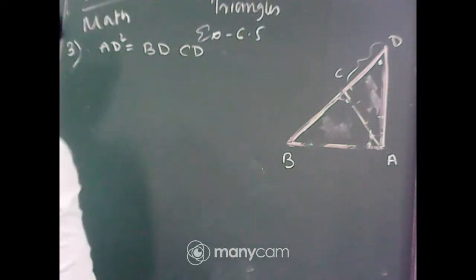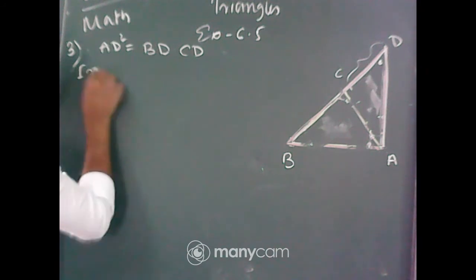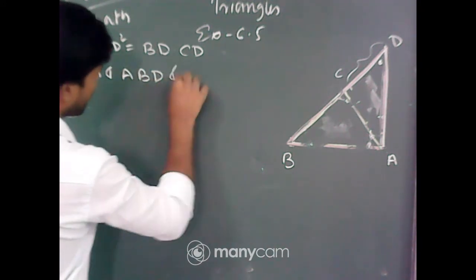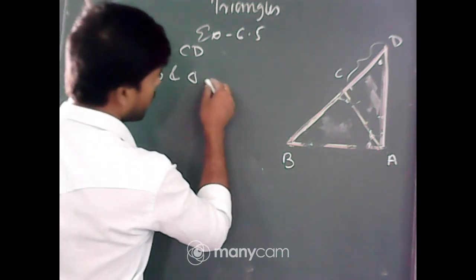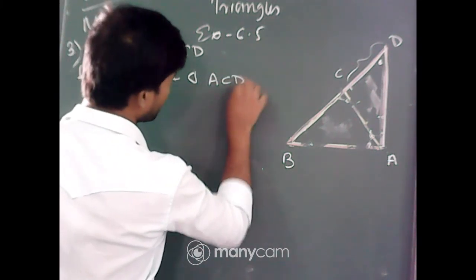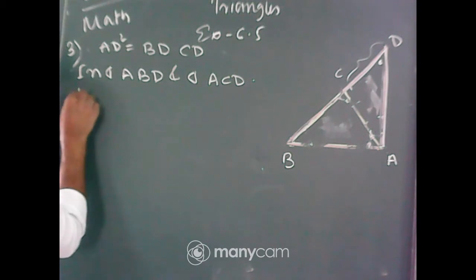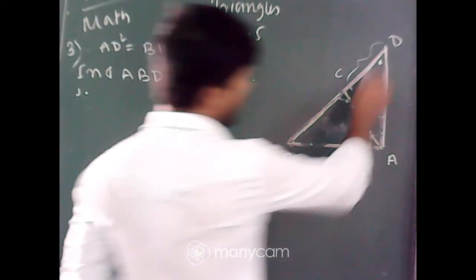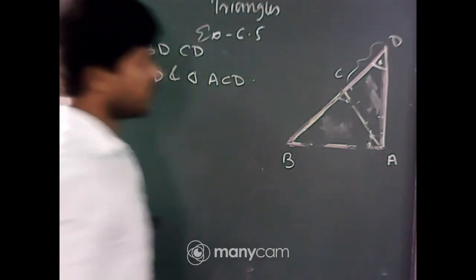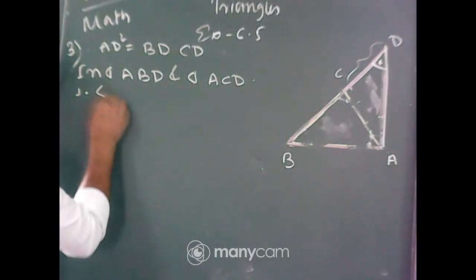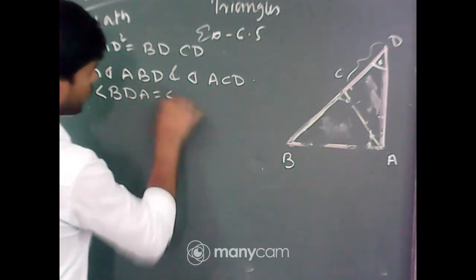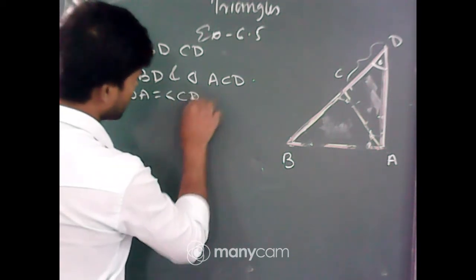So compare them. In triangle ABD and triangle ACD, we have, first condition, they have a common angle. So we write that angle BDA is equal to angle CDA.